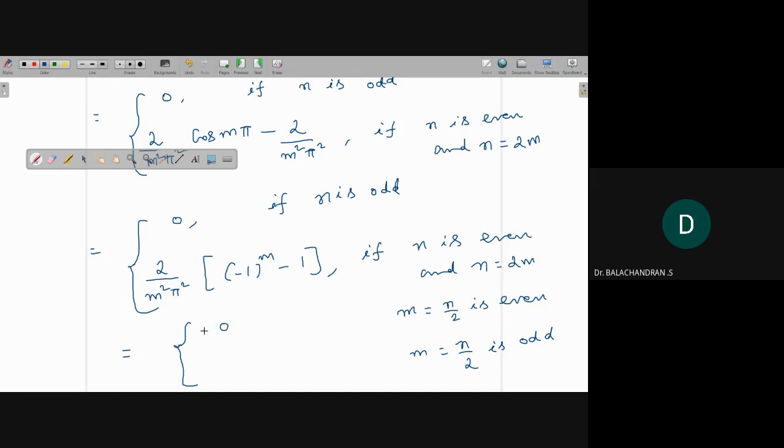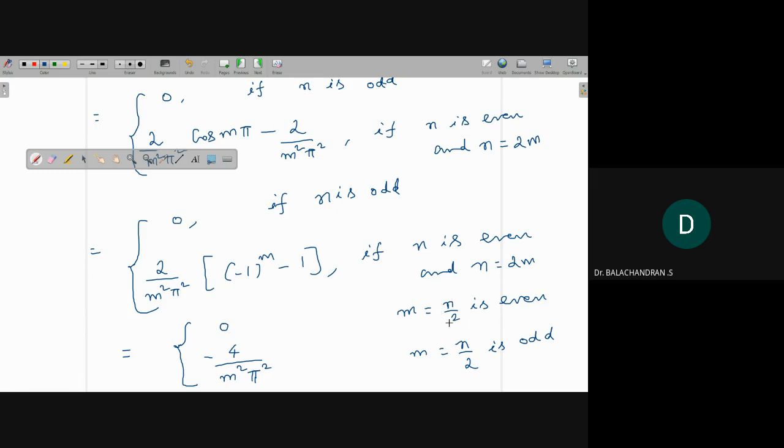Now when m is odd, what happened? This is odd means minus 1 minus 1, minus 2. So minus 4 divided by m square pi square. Now the next question, for what values of n by 2 is even?